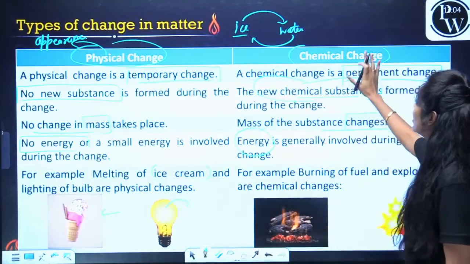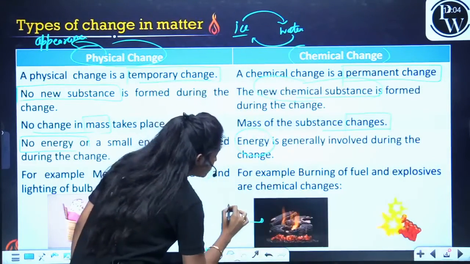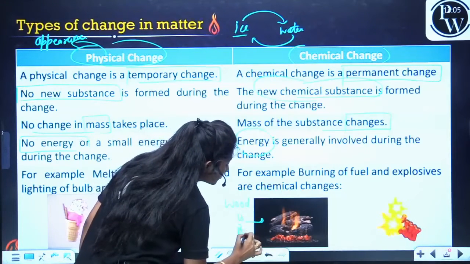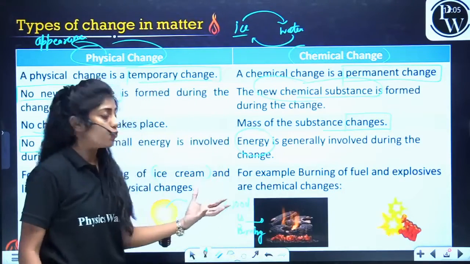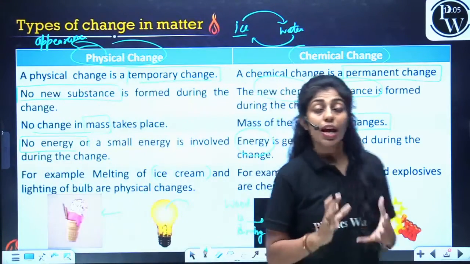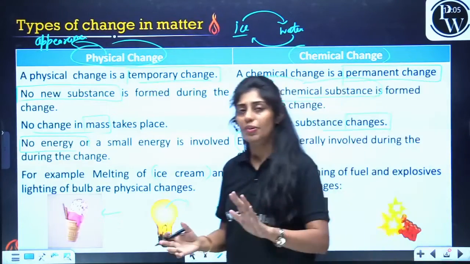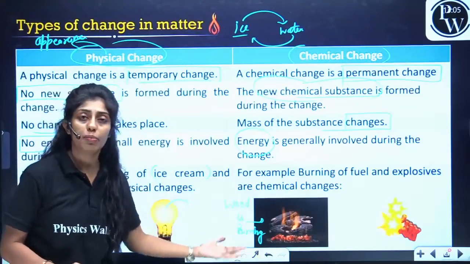Let's talk about the examples of chemical change. So this wood is burning. A new product is formed, that is the ash. Now I cannot get back this wood again after burning. Can I do that? No. So it is irreversible, a permanent change.